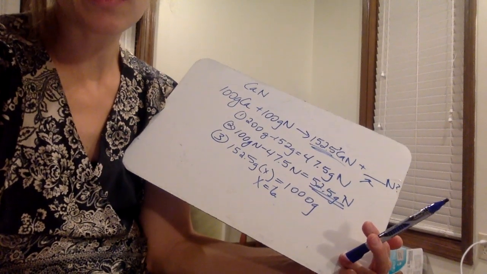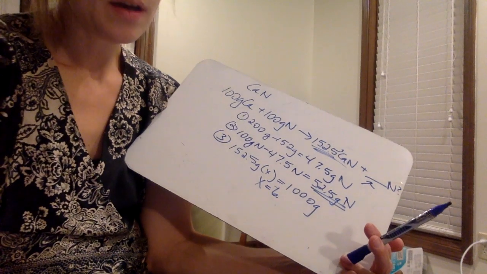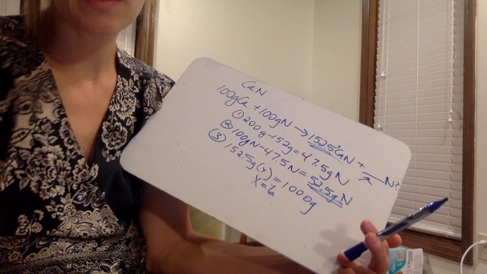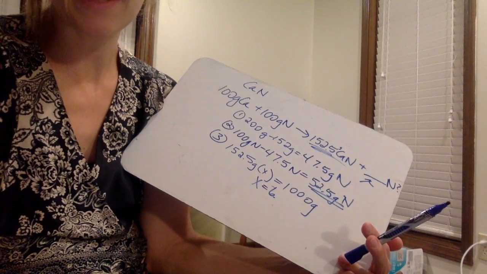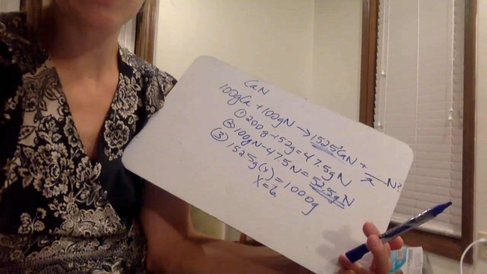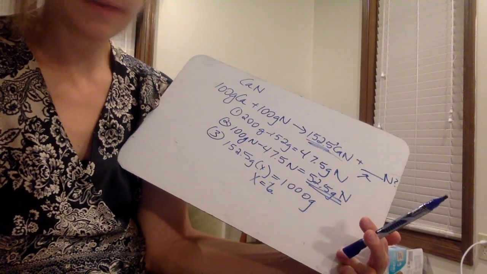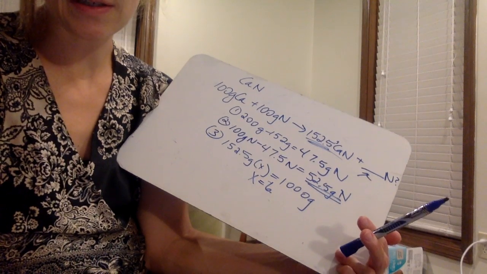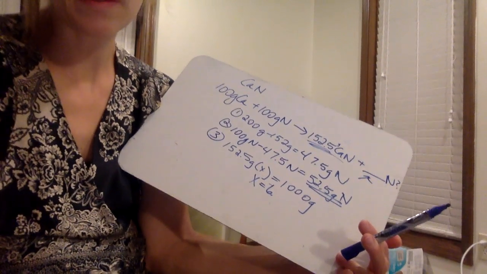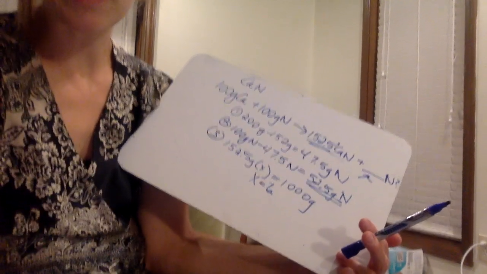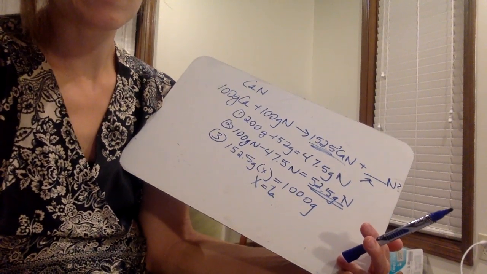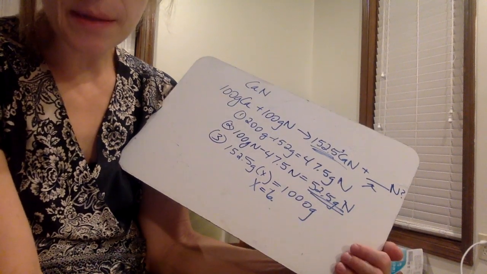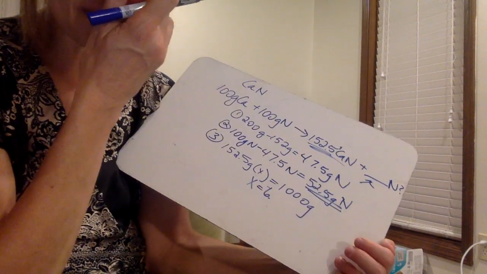So 1,000 divided by 152.5, not 100, did I just say 100? That's what happens when I do things late at night. 1,000 divided by 152.5 gives me, oh goodness gracious, I did not do that right, a really small number. 1,000 divided by 152.5 equals, yeah, actually it comes out to 6.557.